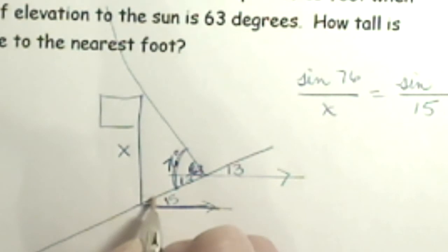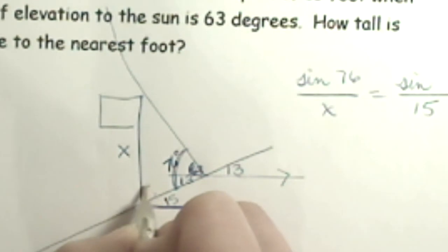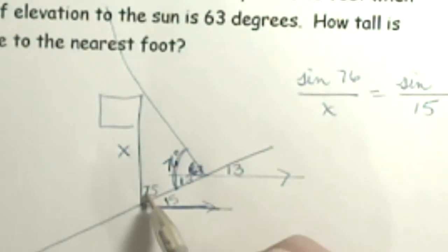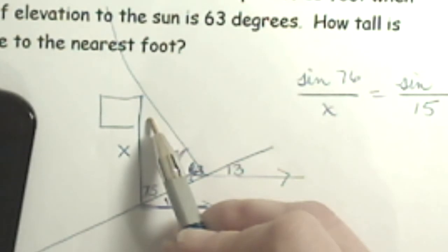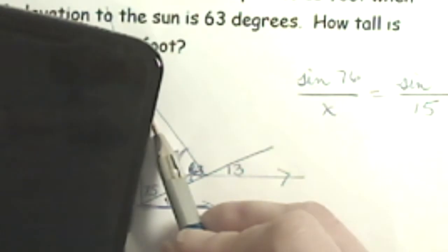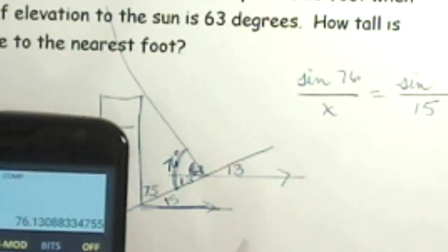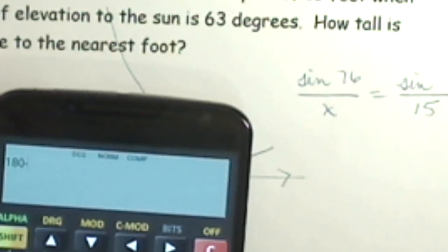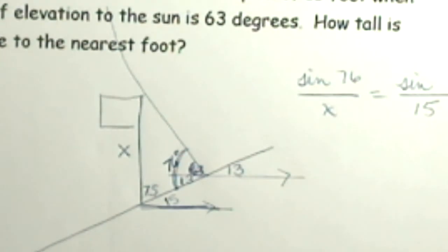This angle right here is a 90-degree angle, and if I take away 15 degrees, that leaves me 75 for this one. 75 and 76, and the missing angle of the triangle have to add up to 180. So I will take my calculator, so that you can see it, 180 minus 75 minus 76. I get that the unknown angle in the triangle is 29.